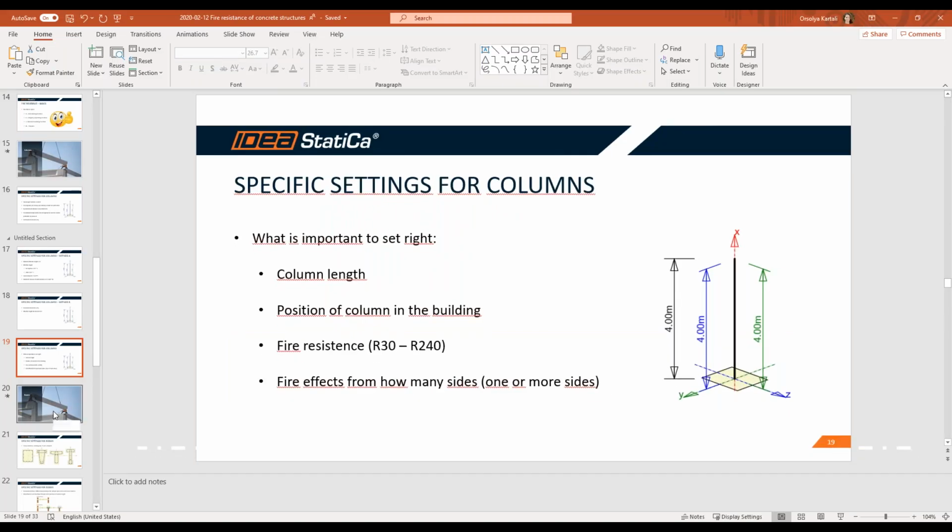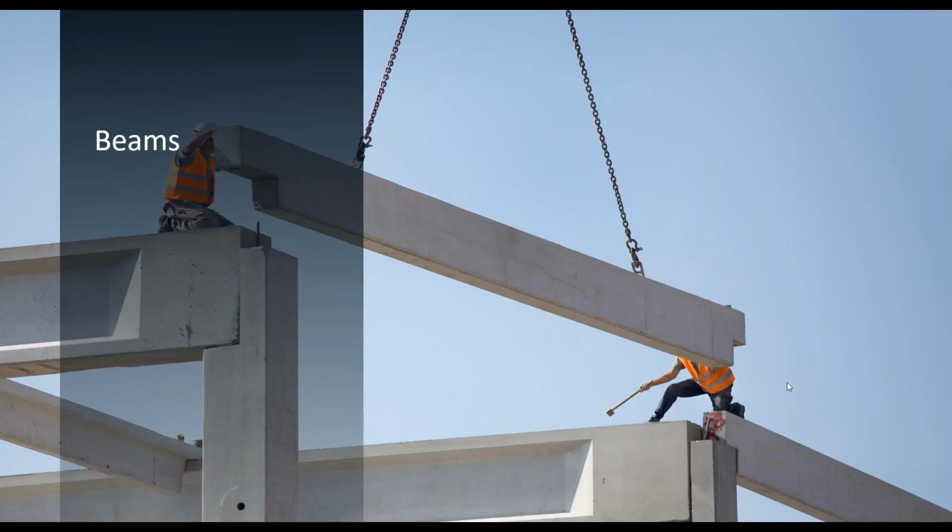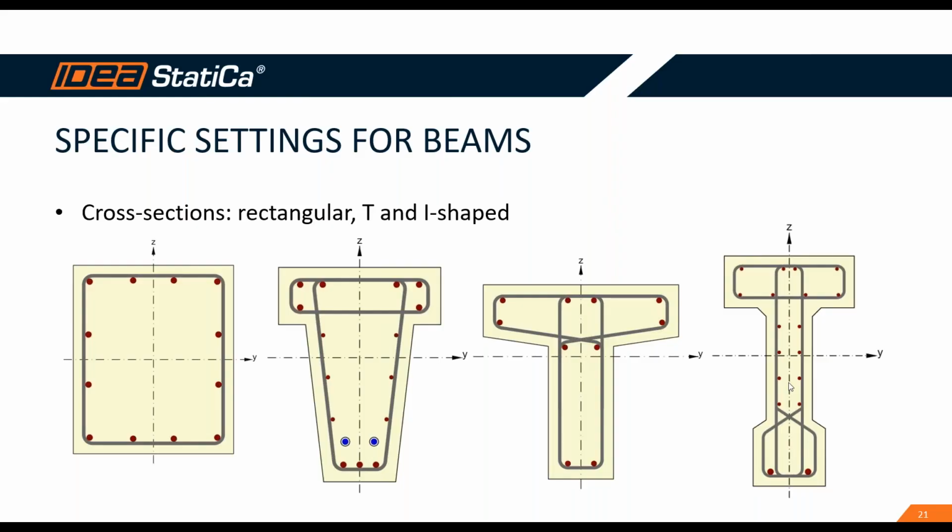So let's go back to the presentation, and let's go to the other member types. This one will be for beams. So what are the specific settings if you want to check beams for fire resistance?